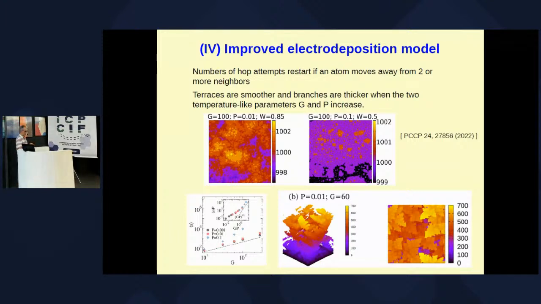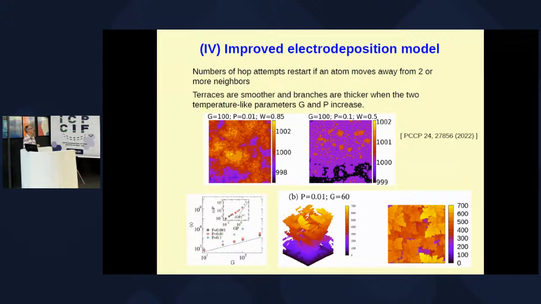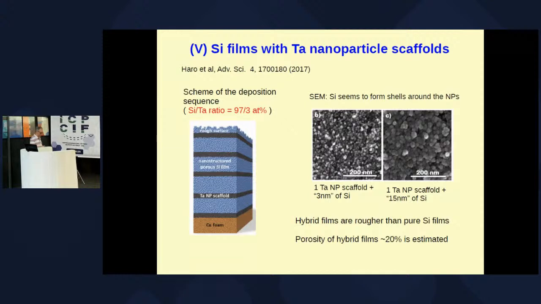I will skip this point because the main aim of this improvement is to use parameters for the simulations, G and P, which are really temperature-like parameters, so that terraces become smoother, branches become thicker when one or both of these parameters increase.